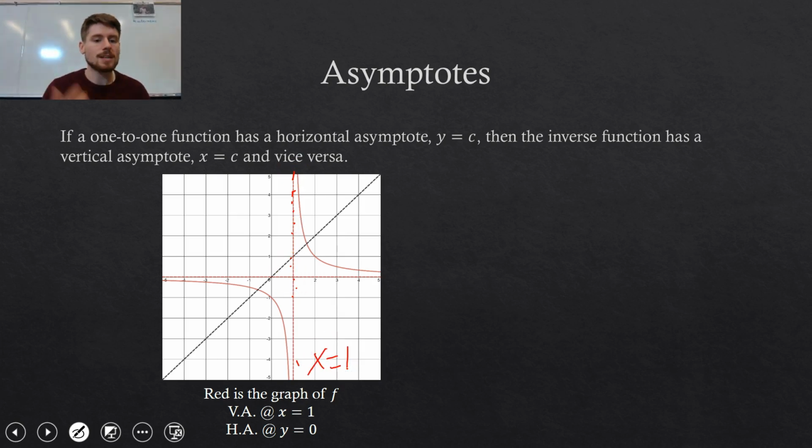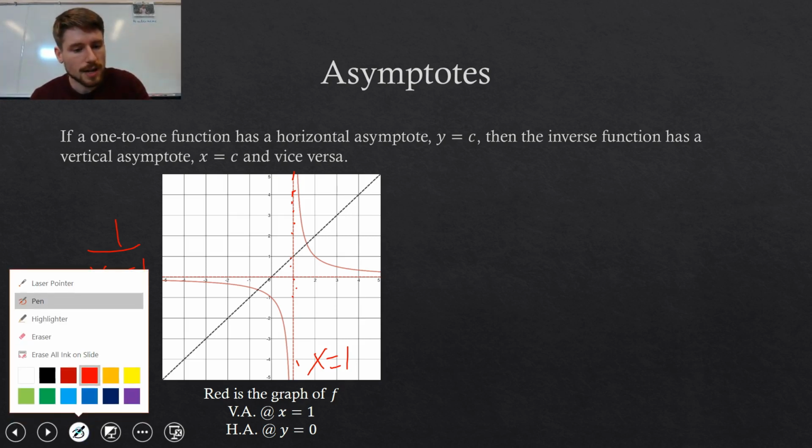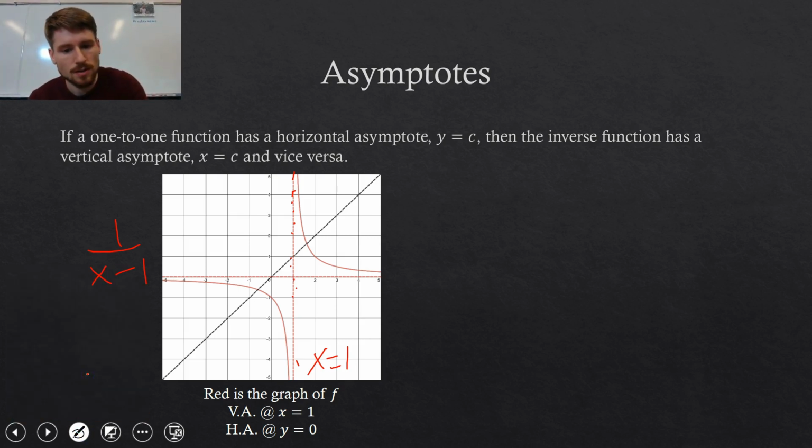So that means 1 is not an allowed value to plug in. This is actually the graph of, in case you're curious, 1 over x minus 1. It's the 1 over x graph moved to the right one. And it has a horizontal asymptote as well right here when y equals 0. So it never hits 0.